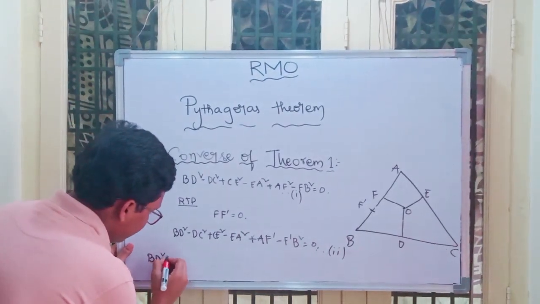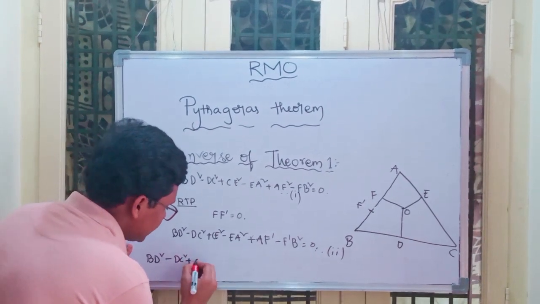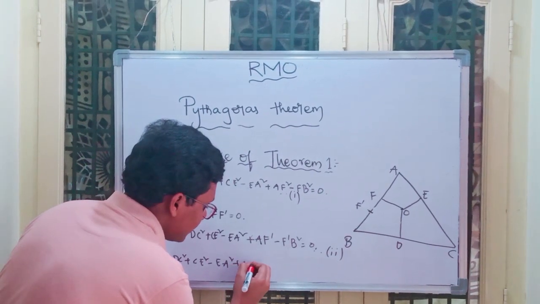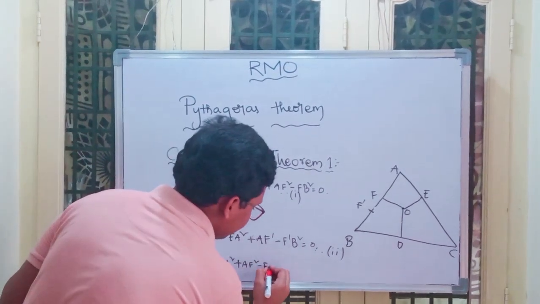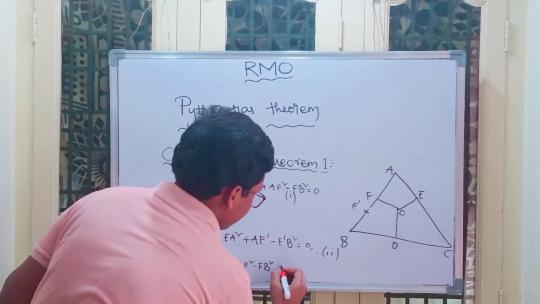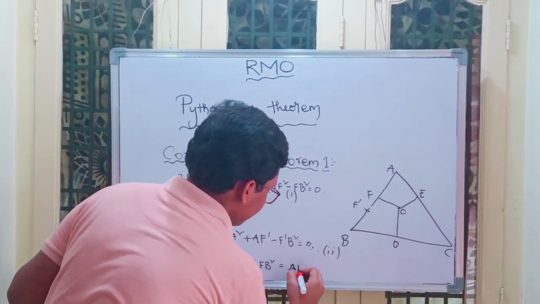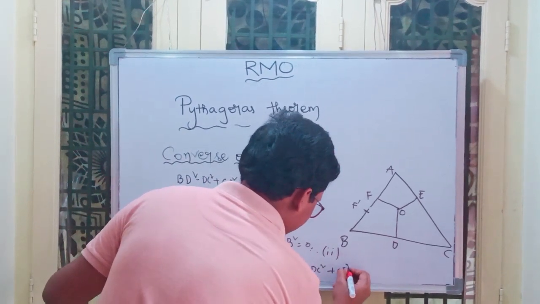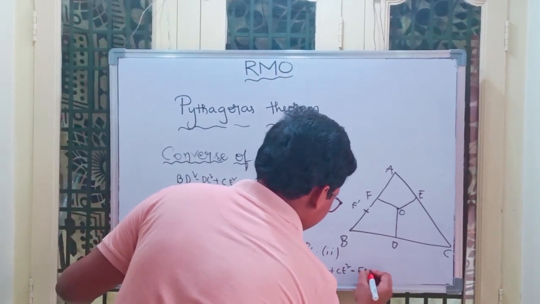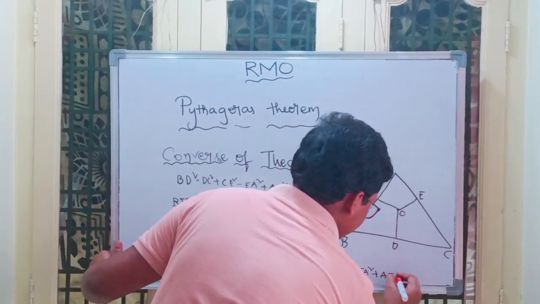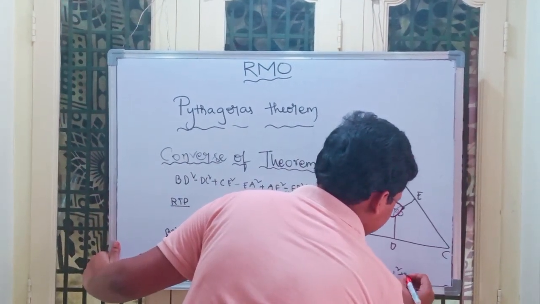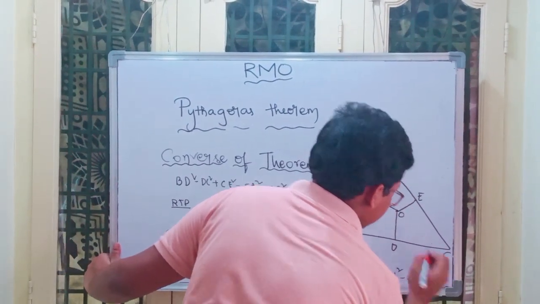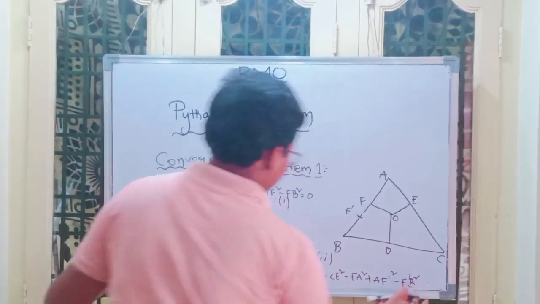By equating equation 1 and equation 2, BD square minus DC square plus CE square minus EA square plus AF square minus FB square is equals to BD square minus DC square plus CE square minus EA square plus AF dash square minus F dash B square is equals to 0. That's it.